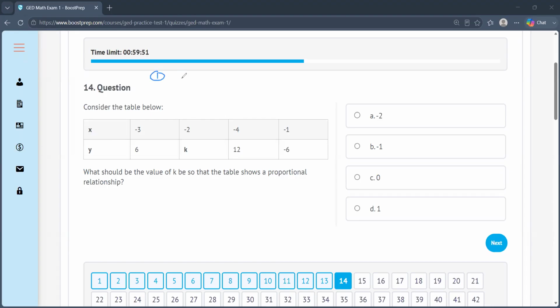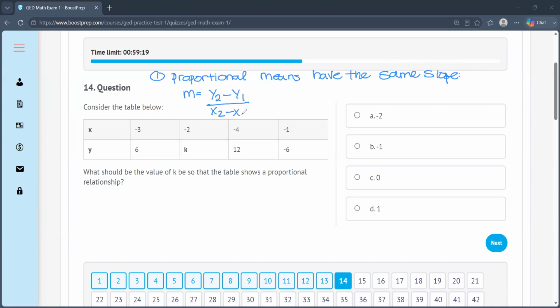So what you're going to do is use the slope formula. M equals y2 minus y1 over x2 minus x1.